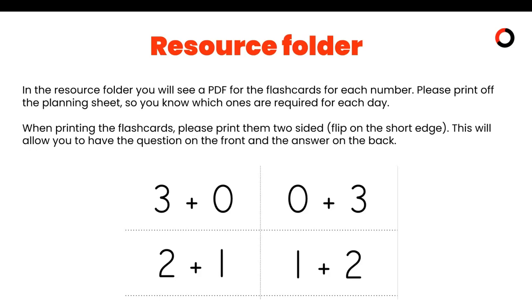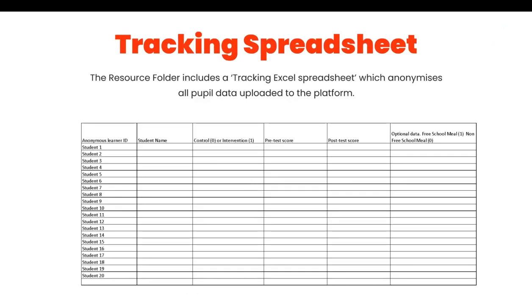Please print these off with the planning sheet so you know which ones are required for each day. When printing the flashcards, please print them two-sided. This will allow you to have the question on the front and the answer on the back. And it's also best to laminate these. You'll also find a tracking spreadsheet, which will allow you to link an anonymized student ID to a student in your groups.